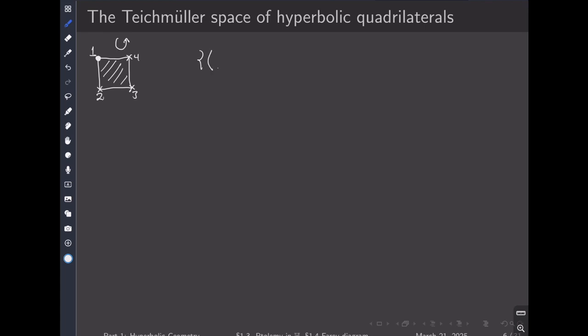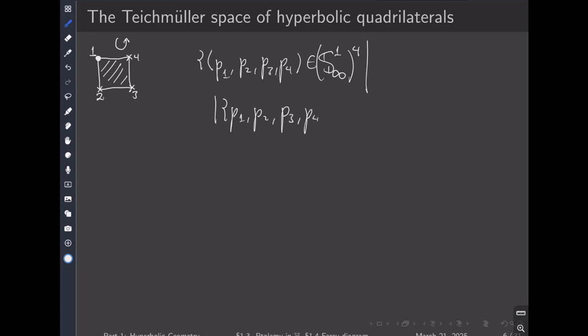Yeah, and then we work with that set: ordered tuples P1, P2, P3, P4 in the circle at infinity, so now it's S^1_∞ to the 4th, such that they are different. Yeah, so that is P1, P2, P3, P4, it has exactly 4 elements, counterclockwise oriented.